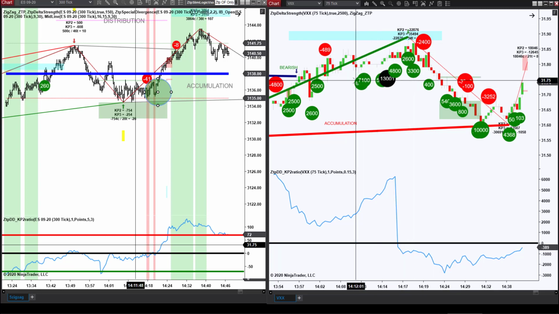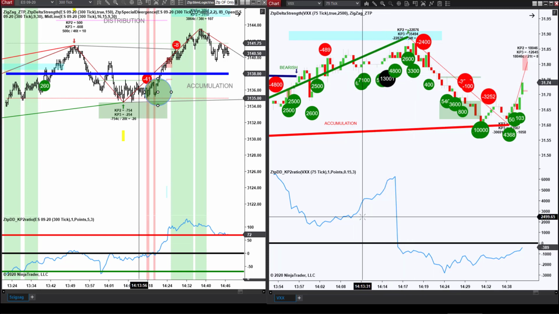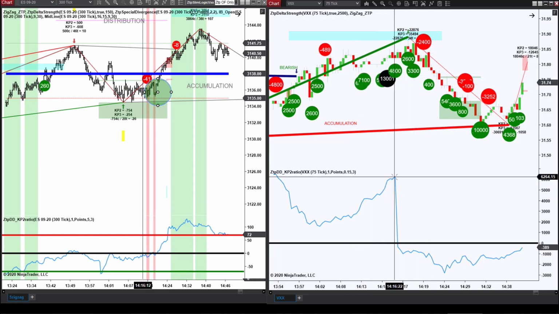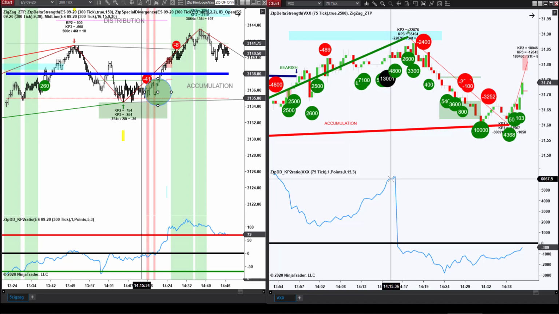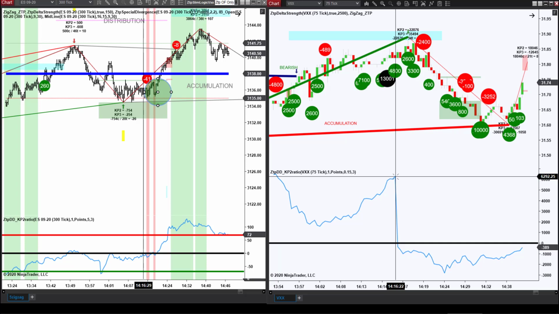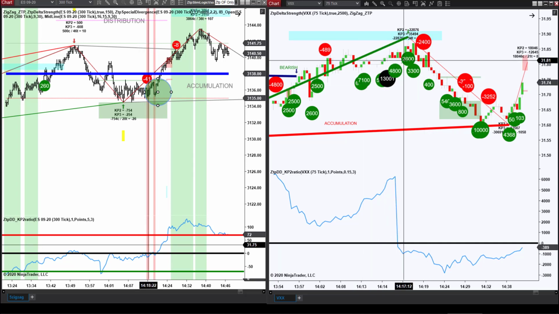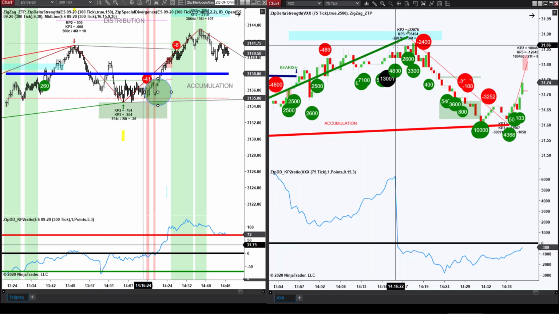So we have a combination of a high KP2 ratio, in this case over 6,200 shares per tick, and we also have the special divergence going on from all the contracts.